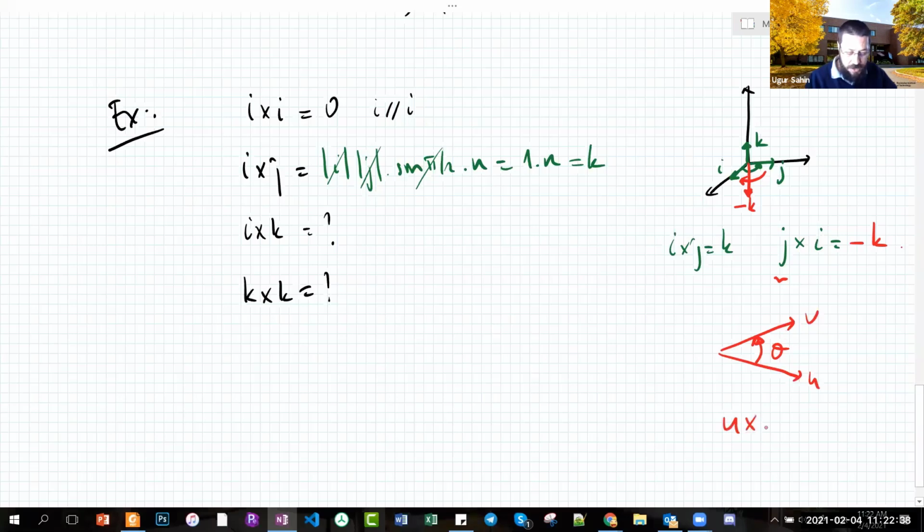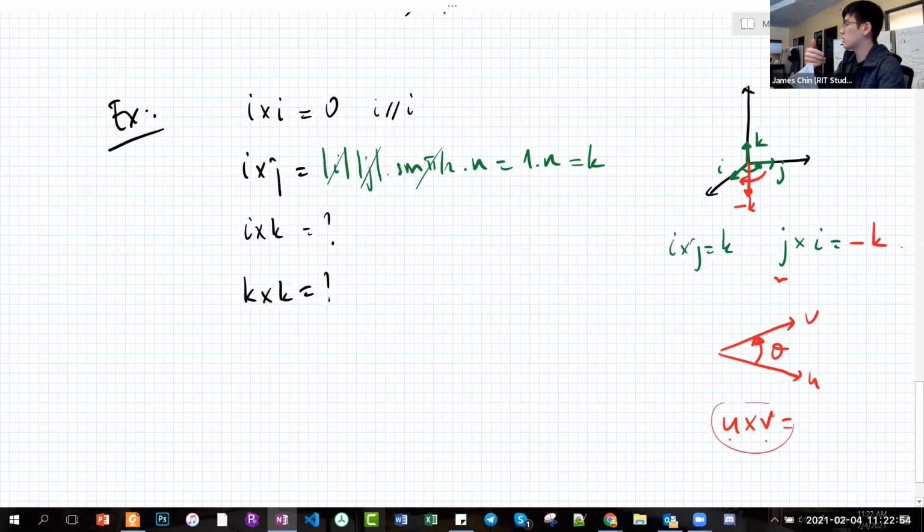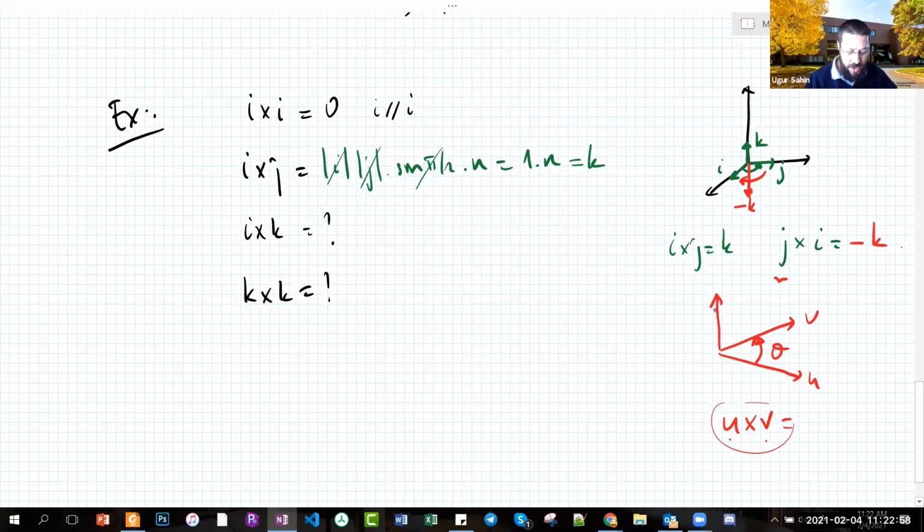So U times V, I'm trying to find out U times V. If I start by U and end by V, my theta should start from U and end at V, all right? So the product now will be the vector which is perpendicular to it, this way. Did you get that?